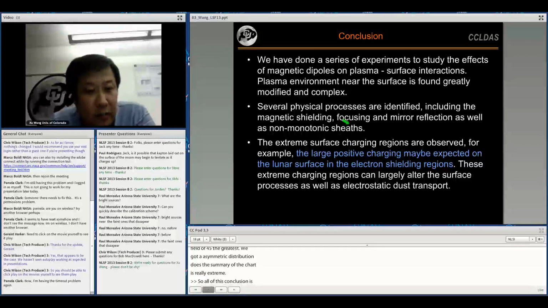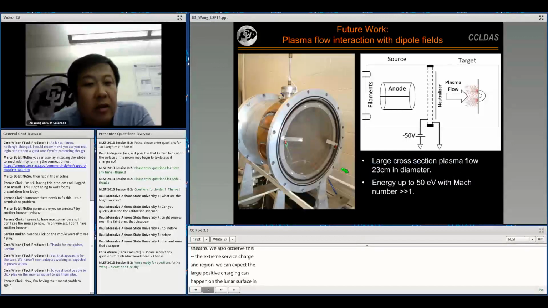We have identified several physical processes, including shielding, focusing, mirror reflection, as well as non-magnetic sheaths. We also observe these extreme surface charging regions. So what we can expect is that large positive charging can happen on the lunar surface in these electron shielding regions. This extreme charging can largely alter surface processes as well as electrostatic transport.